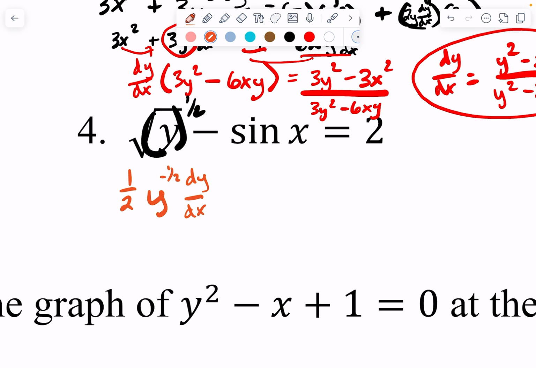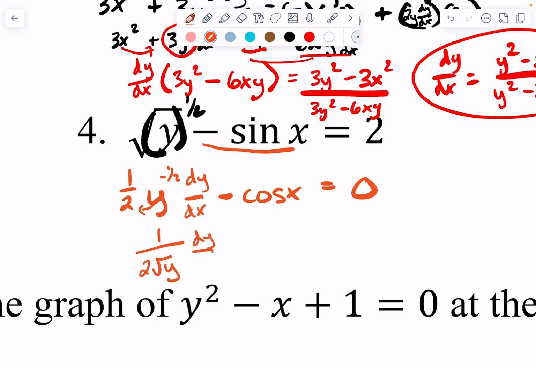The derivative of sine is cosine, so cosine x equals 0. I'm going to fix this y to the negative 1/2 power. If I put it underneath with the 2, this is 1 over 2 square roots of y dy dx equals, and I'm going to bump that cosine over, so it's positive cosine x.